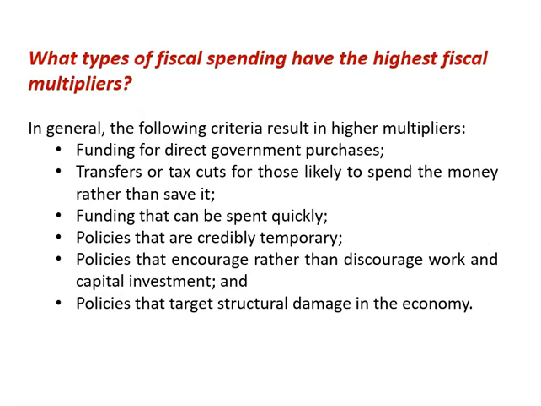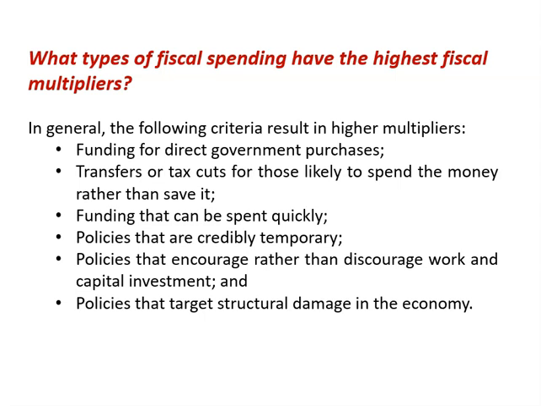What types of fiscal spending have the highest fiscal multipliers? In general, the following criteria result in relatively high multipliers. 1. Funding for direct government purchases. 2. Transfers or tax cuts for those likely to spend the money rather than save it. 3.